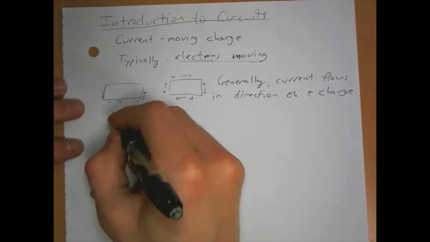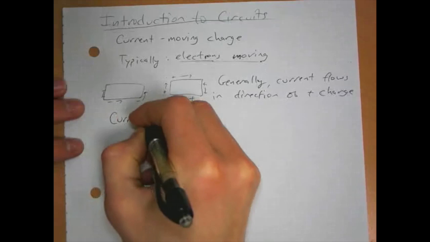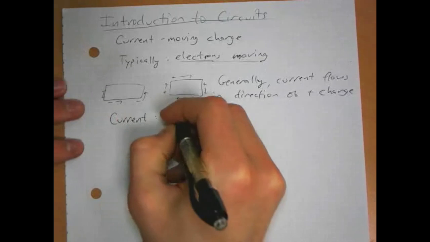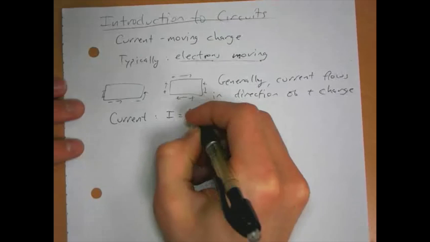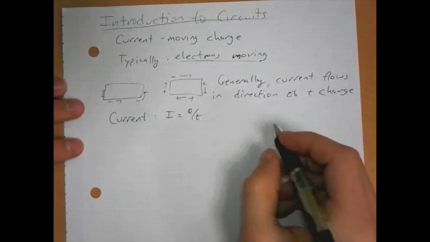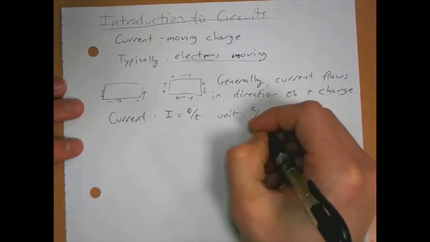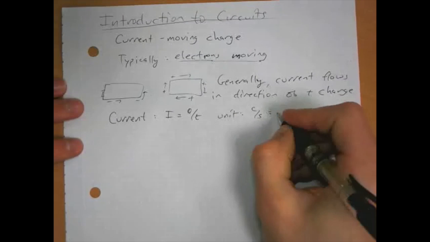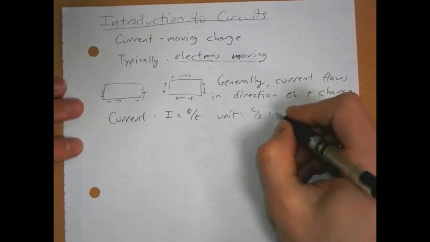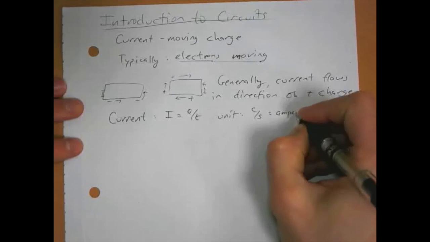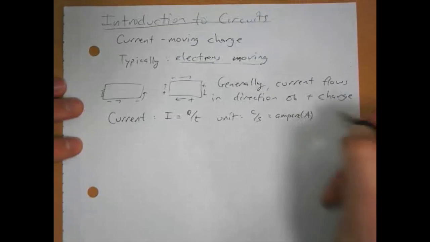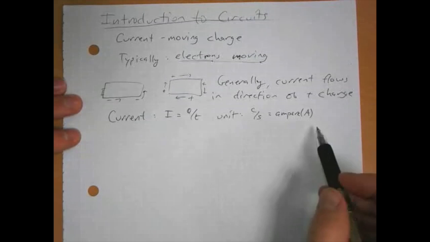Current, the variable for current is I, and it's equal to a charge per time. The unit, therefore, is a coulomb per second, and 1 coulomb per second is an ampere, which is a capital A. It was named after a guy named Ampere.